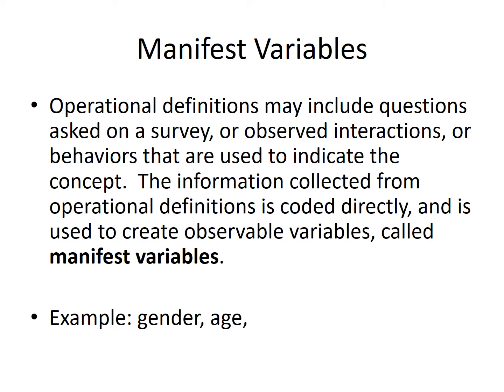Another example that could be manifest or latent depending on your perspective as a researcher would be race. We know that race is socially constructed. However, a lot of times we look at a person and we think we determine what their race is. So again, manifest means that you can typically observe it, whereas latent takes multiple indicators to get at what you mean.